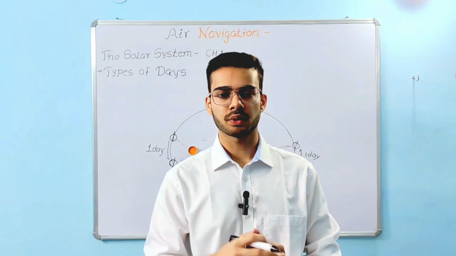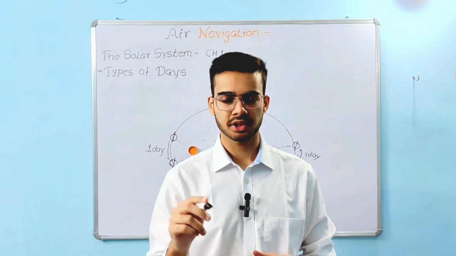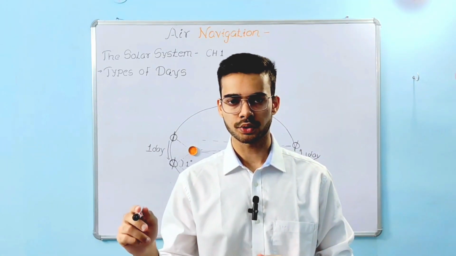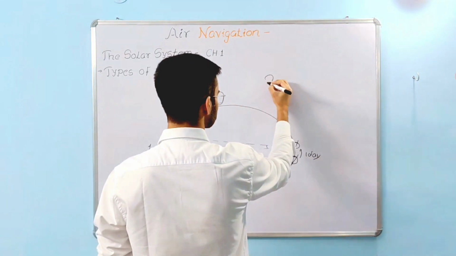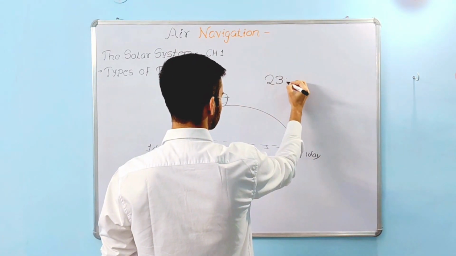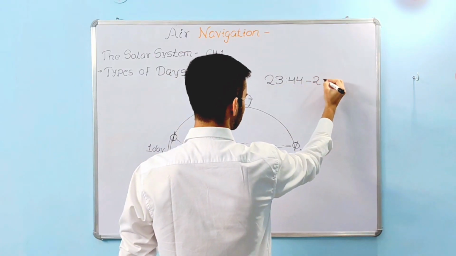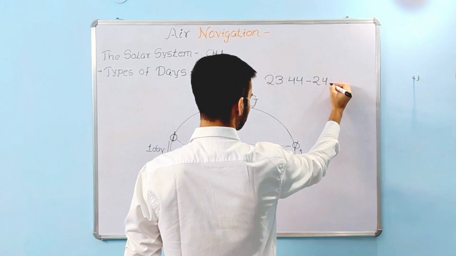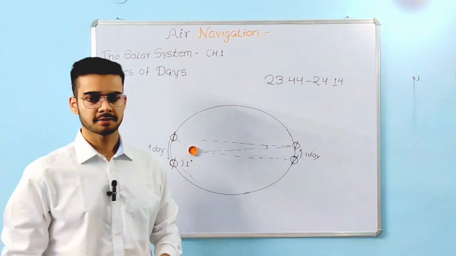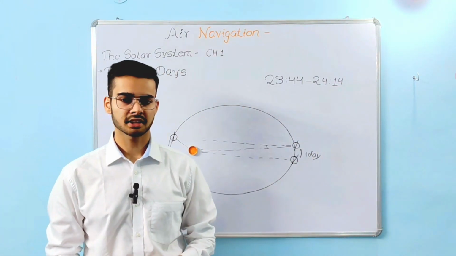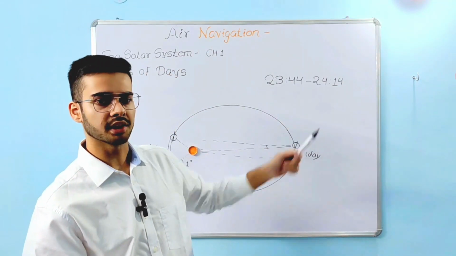It explains why the duration of apparent solar day is written as 23 hours 44 minutes to 24 hours 14 minutes. Let me write it down. This is the exact value as given in our books for apparent solar day.